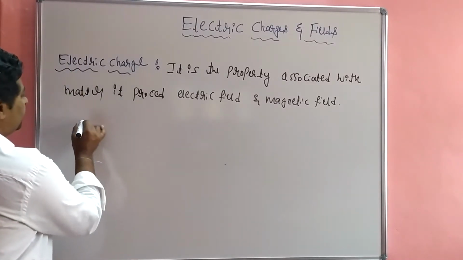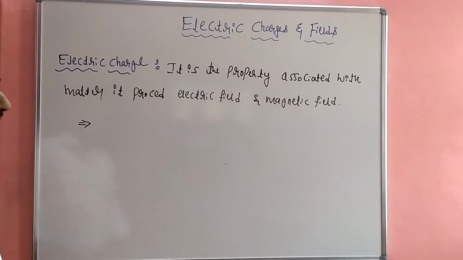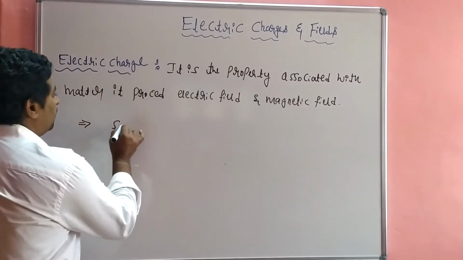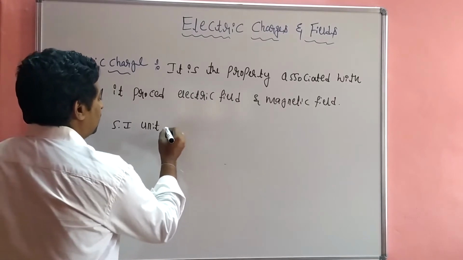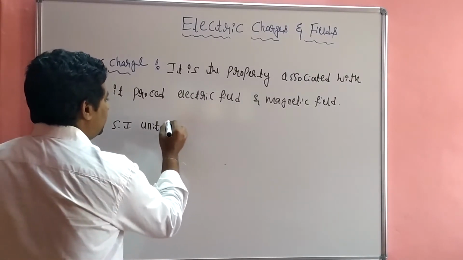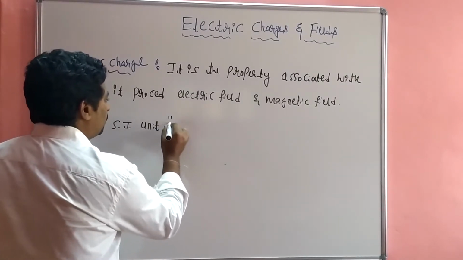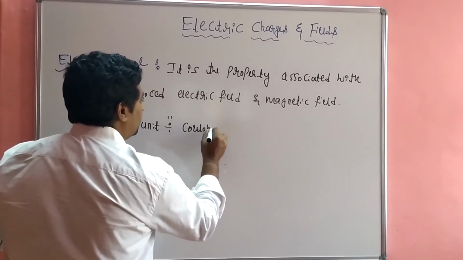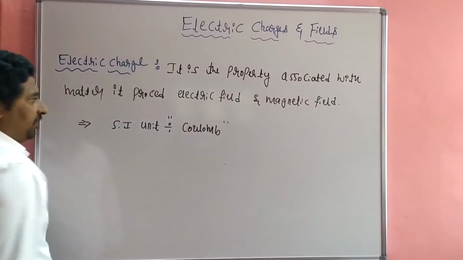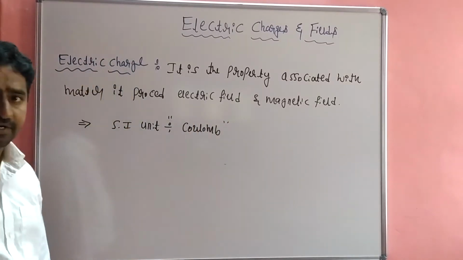Now the SI unit of electric charge is the coulomb, named after the great scientist who introduced the concept of electrostatics.